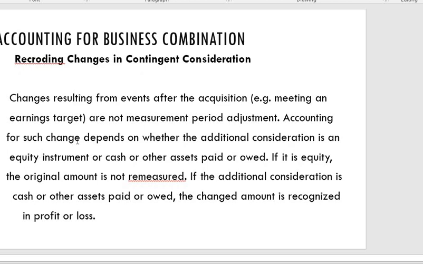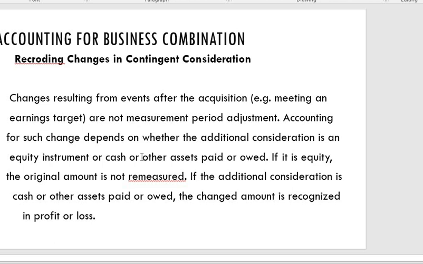changes resulting from events after the acquisition, for example, yung meeting the earnings target, if yan yung contingent consideration natin, are not measurement period adjustments. So accounting for such, so kung after na siya sa measurement period, hindi na siya adjustment, no?